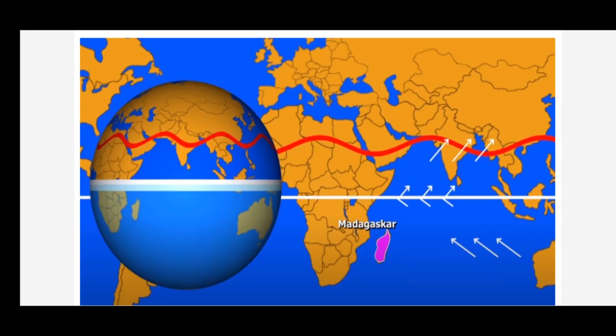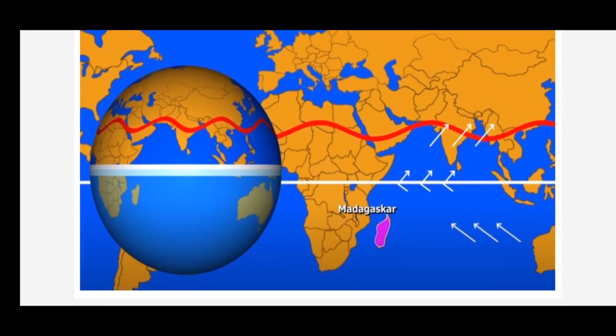That's why they are blowing from the southern hemisphere to the northern hemisphere. This high pressure zone region is known as the Mascarene High. High means high pressure. Okay.